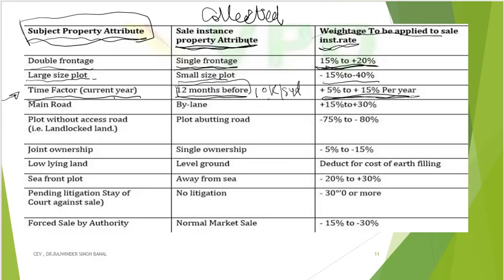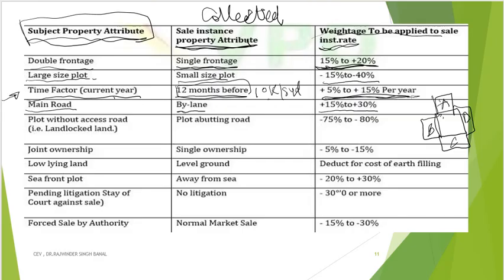Then our plot is situated on a main road while this one is situated on a by lane, so we can increase the prices by 15 to 30%. Then a plot without access to roads: suppose the plot you are valuing has plots on all four sides and does not have direct independent access.